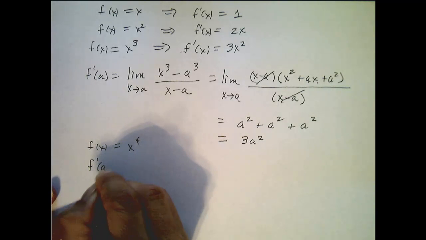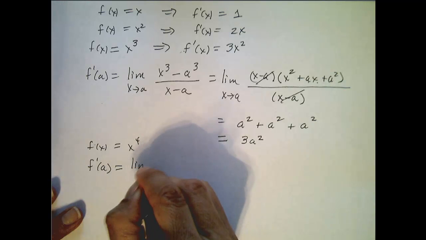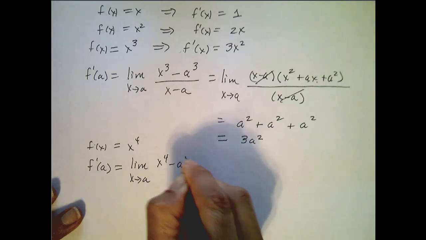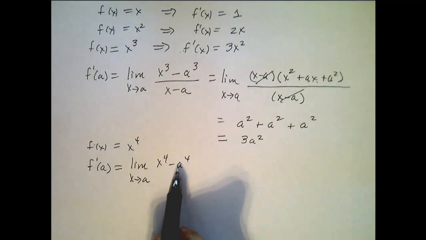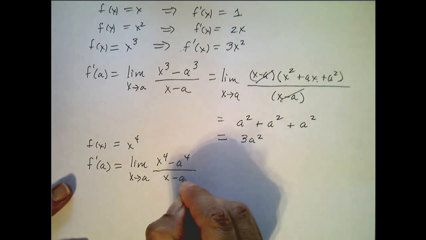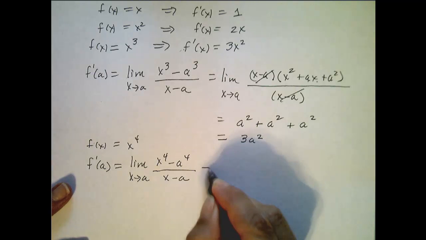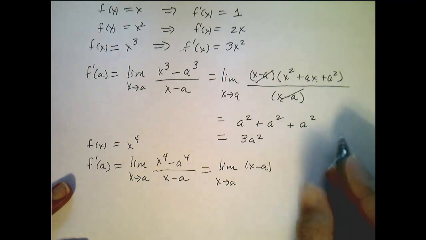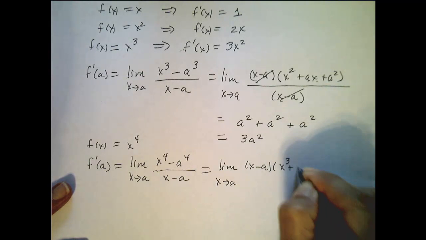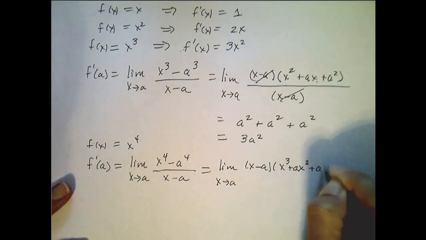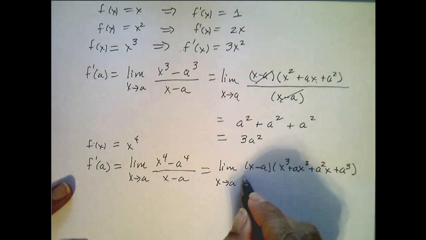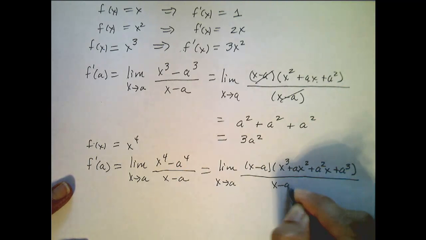So the derivative evaluated at a is the limit as x approaches a of x to the 4th minus a to the 4th, because that's f of x, f of a, all over x minus a. This also factors to the limit as x goes to a of x minus a times x cubed plus ax squared plus a squared x plus a cubed, all over x minus a.